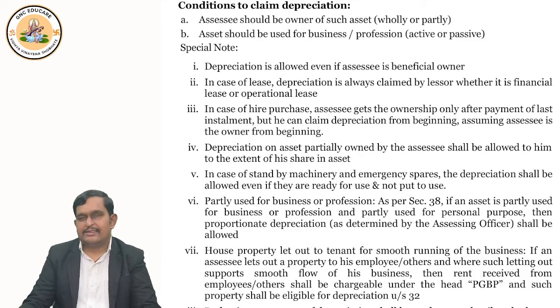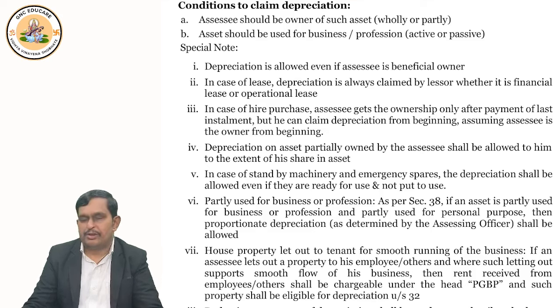In that case, for the part which is used for business, only for that portion you claim depreciation. I'll tell you, suppose a building has 3 floors. 2 floors are used for residence and 1 floor is used for business, correct? Now what will we do?